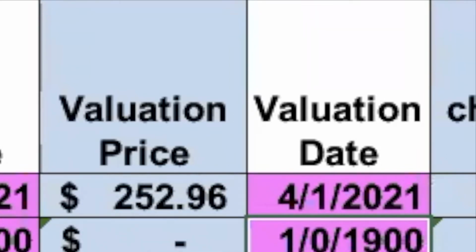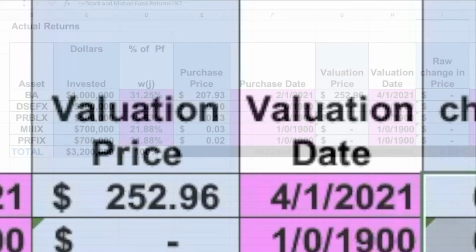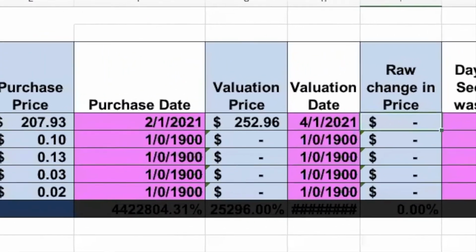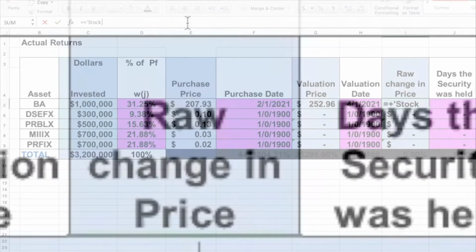All right. Now the first thing we want to do is get the raw change in price. The raw change in price is the difference between what we paid for it and what it's worth when we're valuing it.